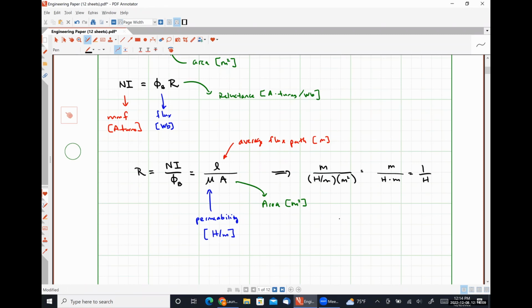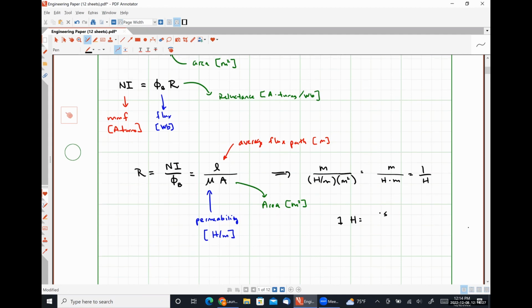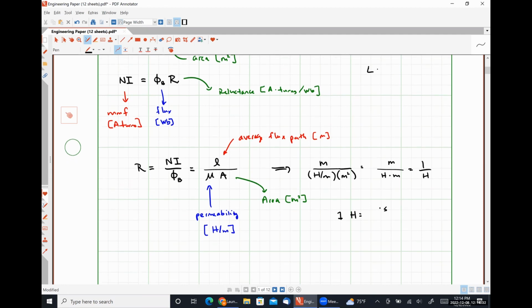Well, since a Henry is equal to, let's see, Henrys is amps, seconds. No, excuse me. Trying to remember, give me a second here.